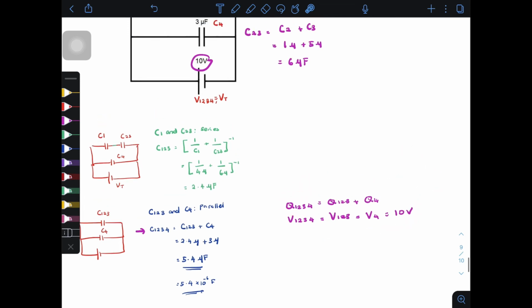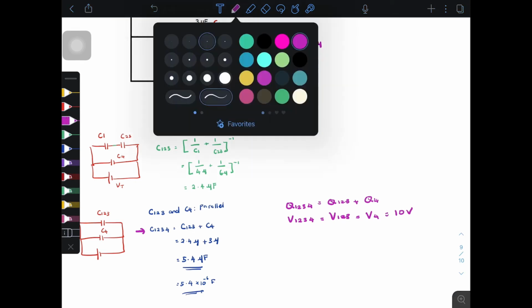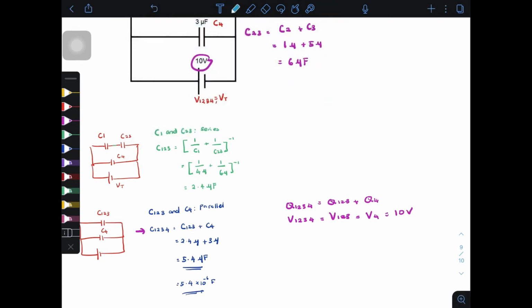So atas kita tengok, dekat sini kita tahu that C1 and C23 are in series. So kalau series, Q123 is equals to Q1 is equals to Q23 and V123 equals to V1 plus V23. So ini yang this part. Okay, I can find here, I saw we have Q1.